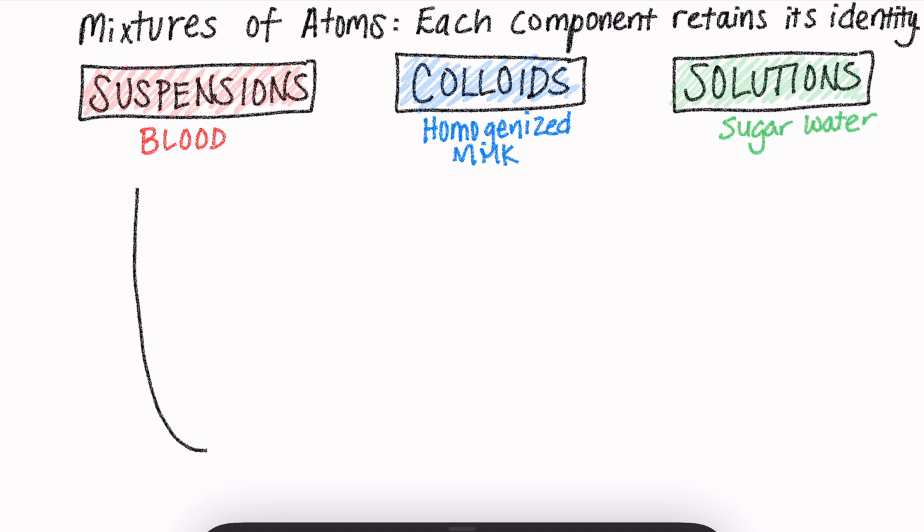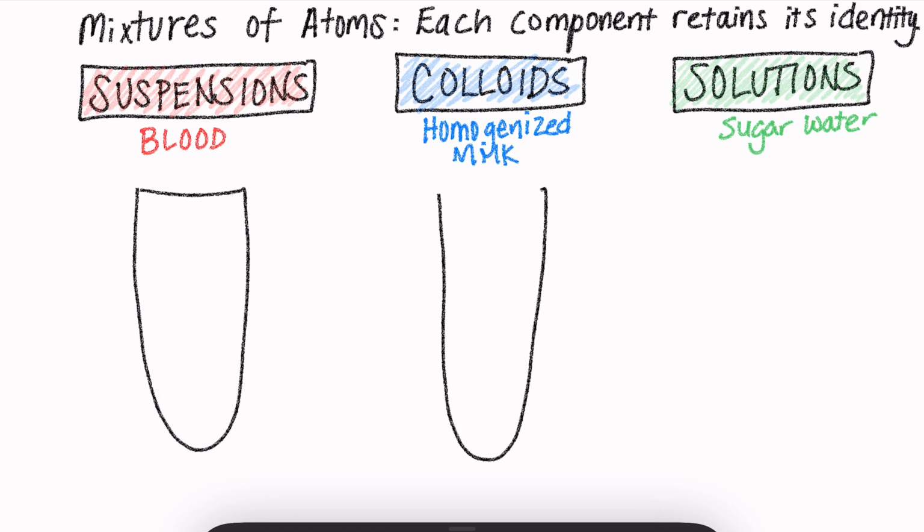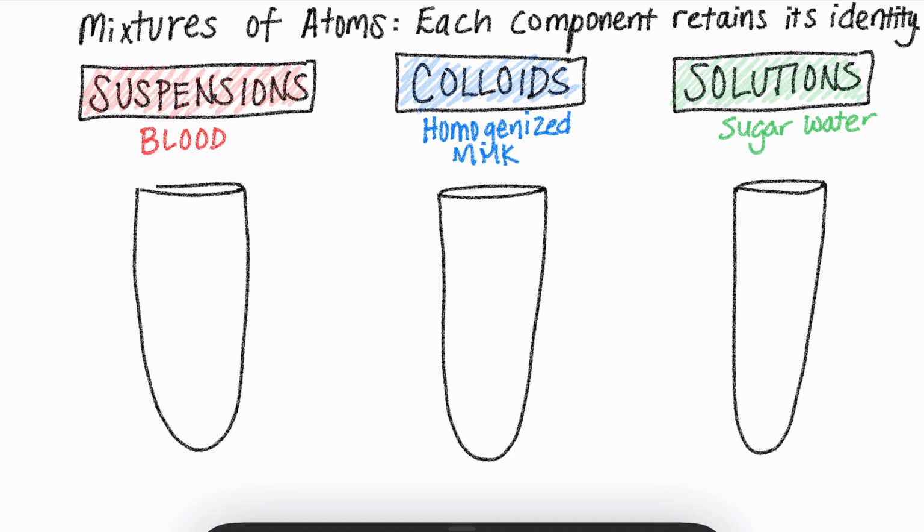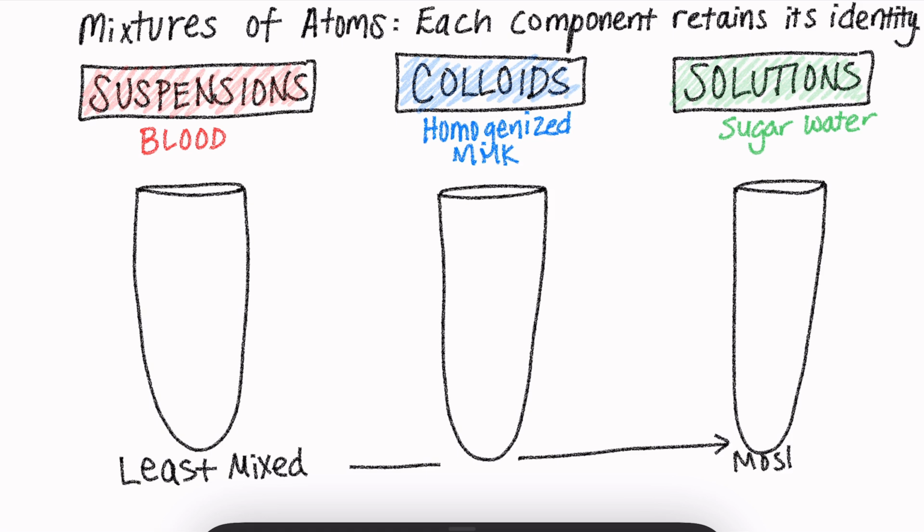Let's draw a little test tube here to compare blood, milk, and sugar water. So, these are all different kinds of mixtures that exist in the human body. As I explain these to you, you can think of the example of the blood as the least well mixed, and then milk is somewhere in the middle, and then the sugar water would be the most mixed, most uniform.